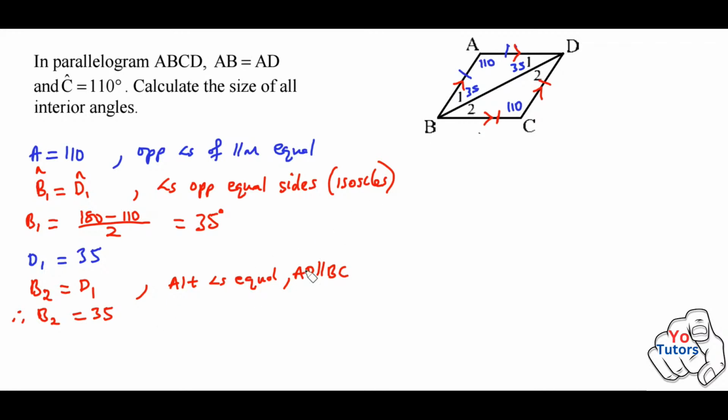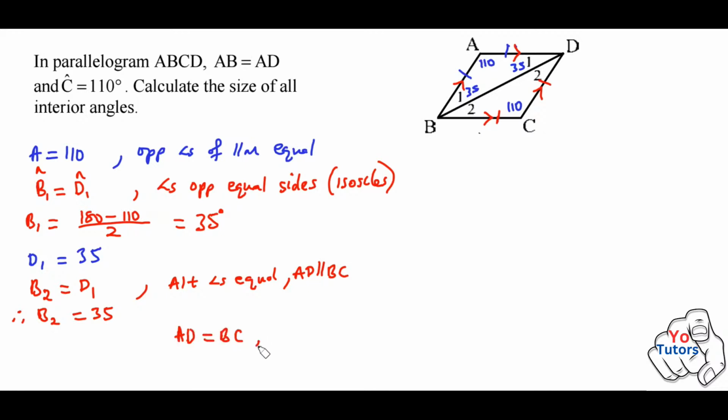Okay, now what else are we left with? So we are now left with D2. What we can say is that AD is equal to BC.